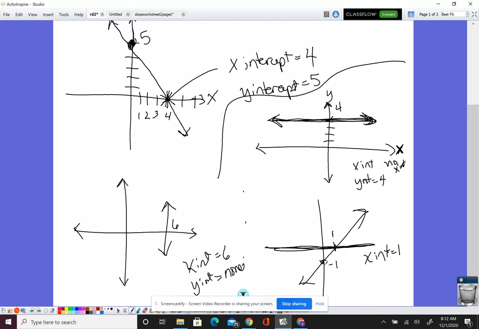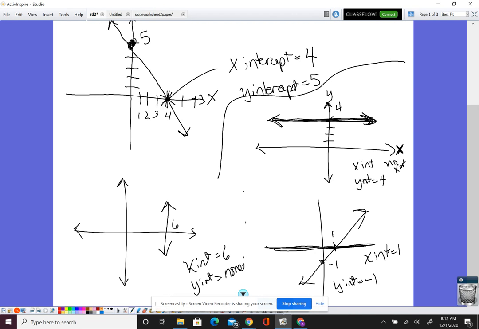And a y-intercept of negative 1. So your first few problems on your worksheets are going to be looking at your graphs and coming up with the x and y intercepts. Okay, doing that from graphs.